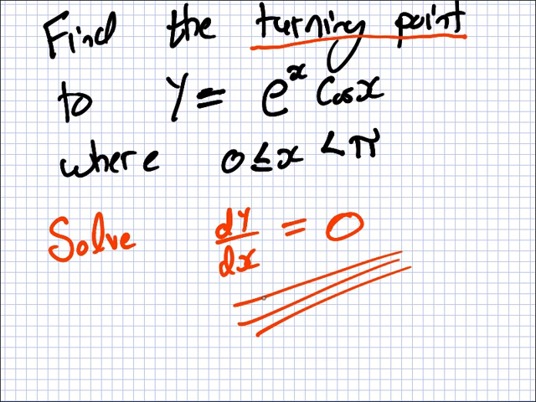Okay, so yeah, you have to find the derivative. In radians. Pi over 2. No, no. Not 90.